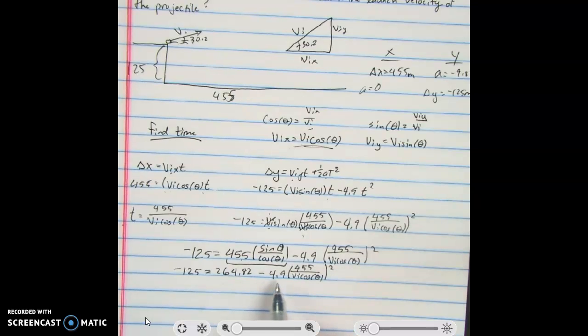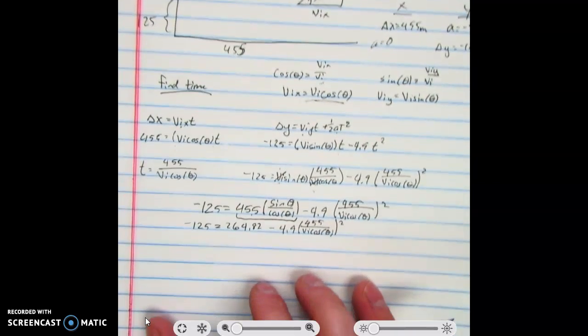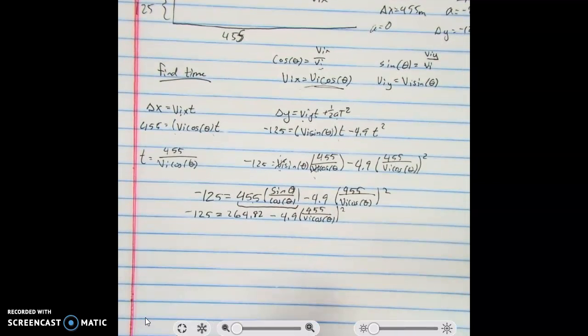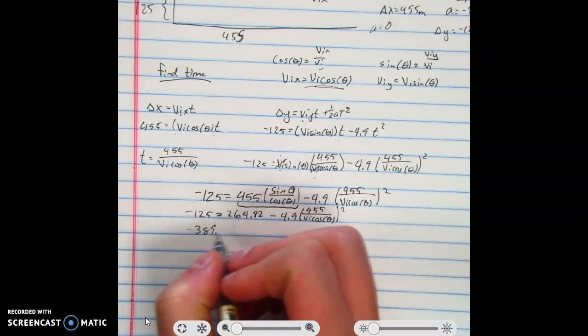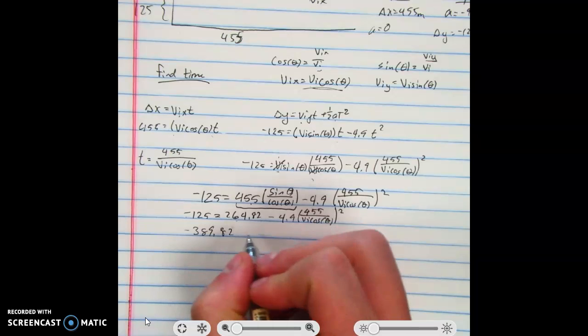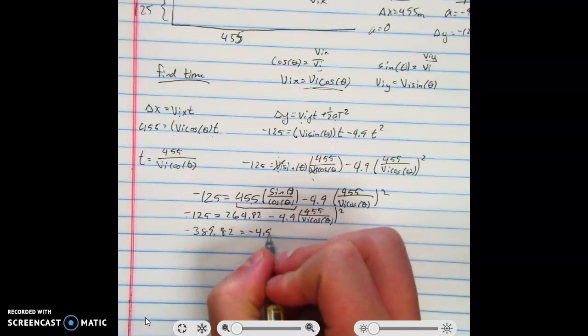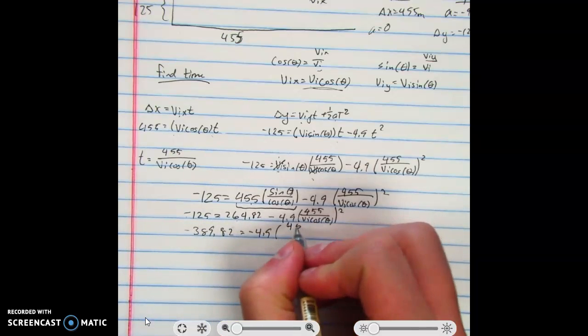Now, this whole squared business, I'm going to wait till I absolutely need to deal with it. So this fraction, I'm just going to ignore for a bit. So take this, move it over, and that gives me negative 389.82 equals negative 4.9 times that fraction squared.